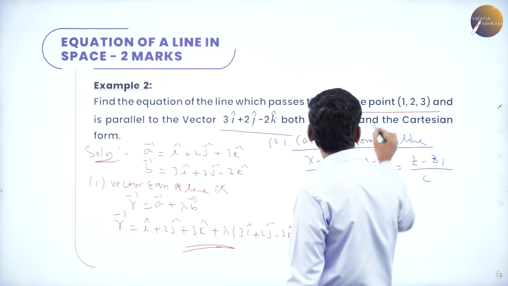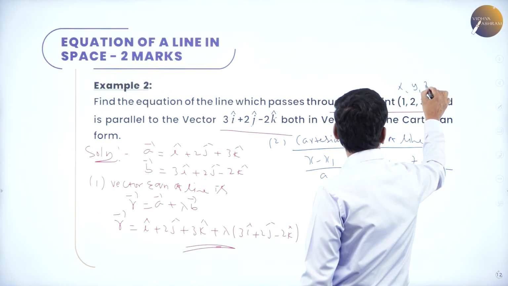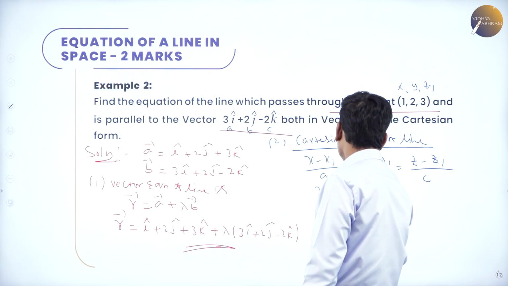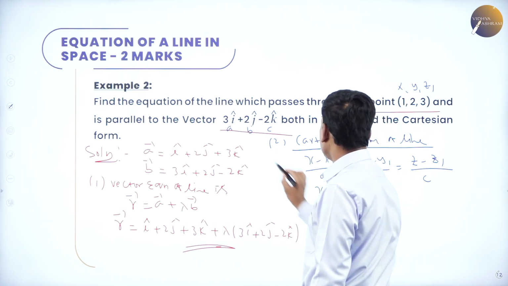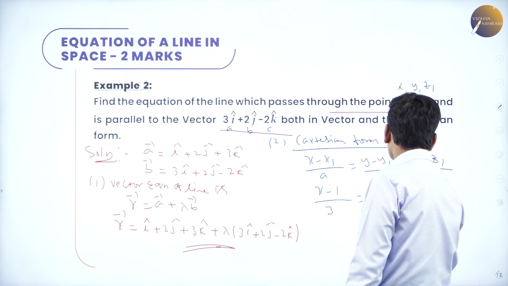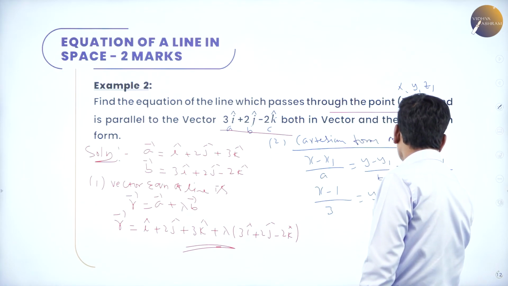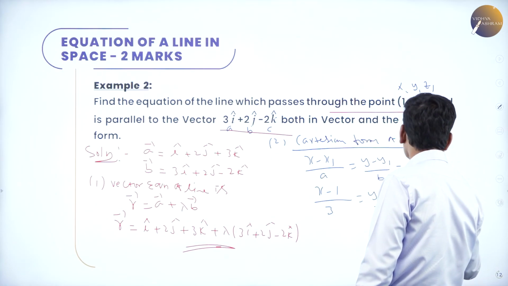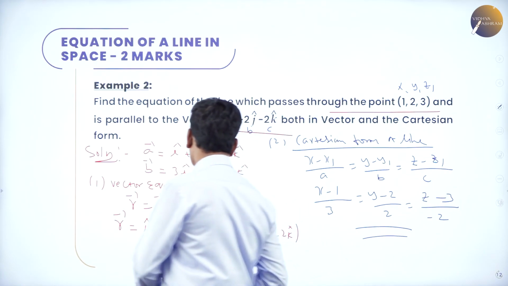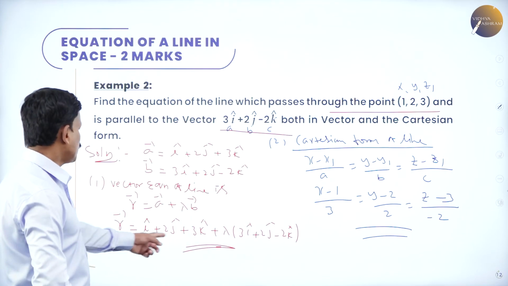So this is nothing but x1, y1, z1, and this is a, b and c. (x − 1)/3 = (y − 2)/2 = (z − 3)/(−2). That's it.